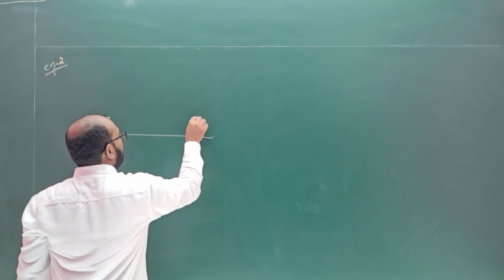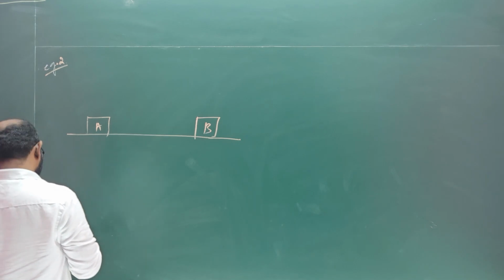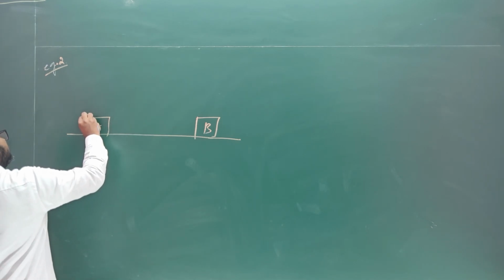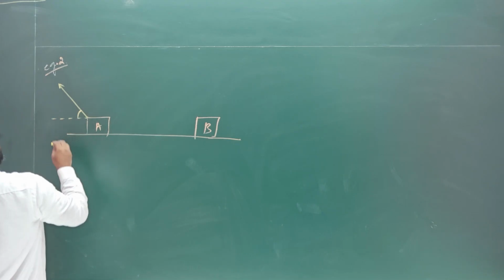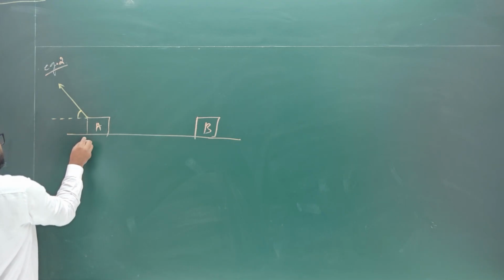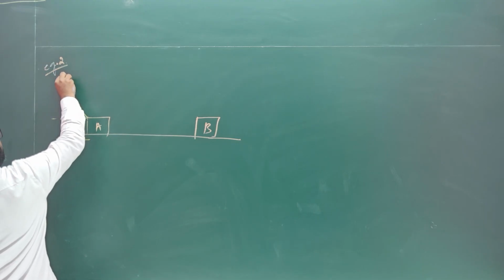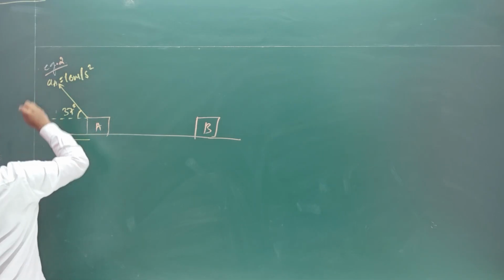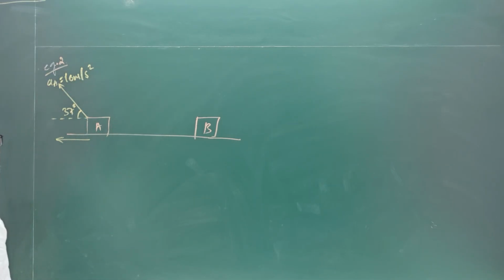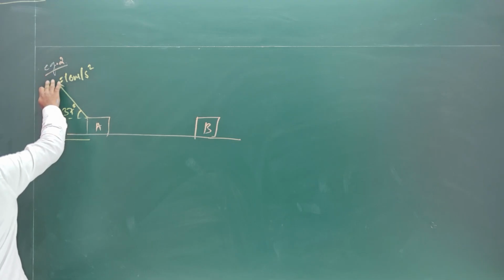Object A, here is the object B. This object is going in this direction and making an angle of 37 degree, with 10 meter per second squared acceleration. Okay, let me provide you, take without acceleration.